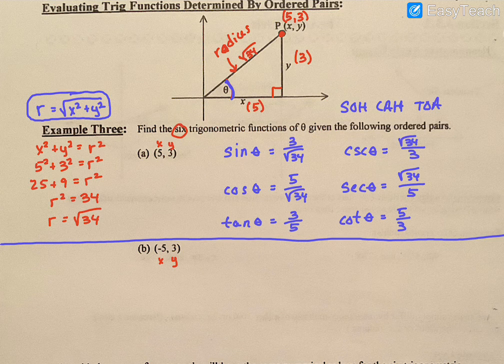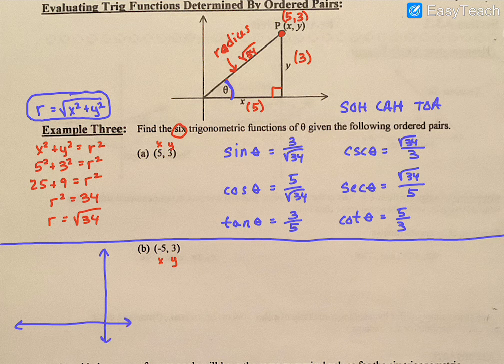But I would like to encourage you to help visualize the triangle. In the first example, 5, 3 was in the first quadrant, so we had a first quadrant triangle drawn. In the second part of the problem, the ordered pair negative 5, 3. If you think through that, the ordered pair negative 5, 3 is in quadrant 2.